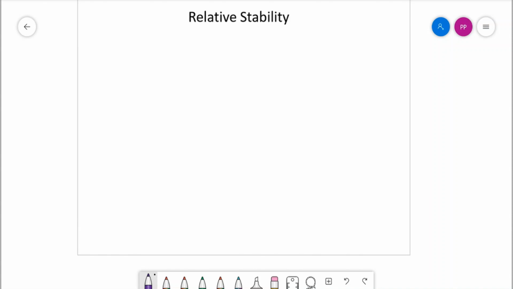So a relative stability of a linear time invariant system model may be defined as the margin by which the system may be perturbed or disturbed, or its parameters may be varied before the system approaches the verge of instability.